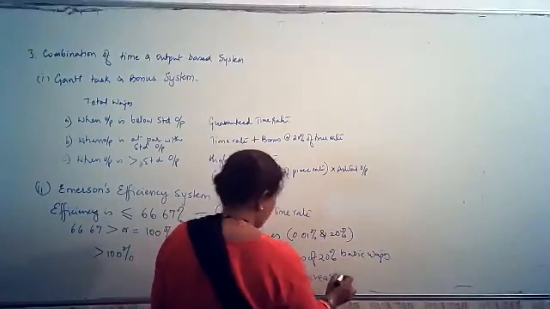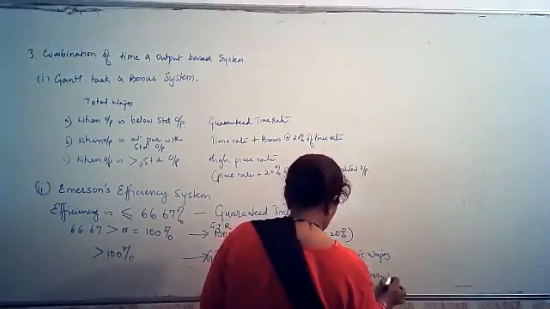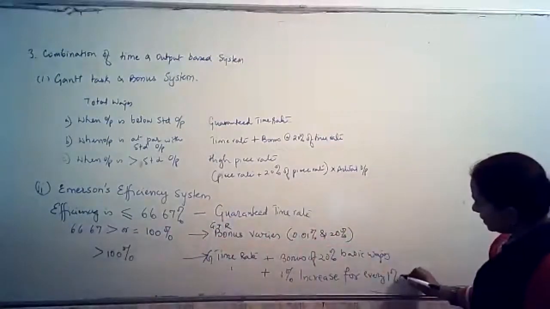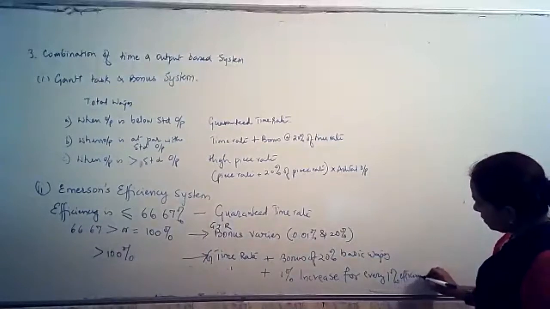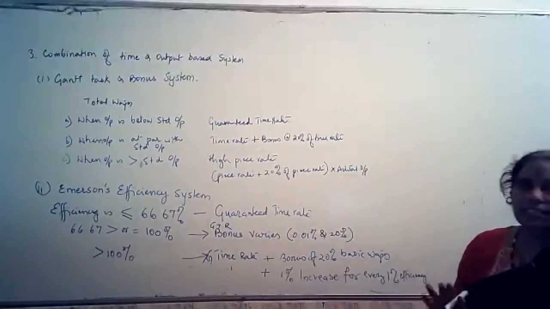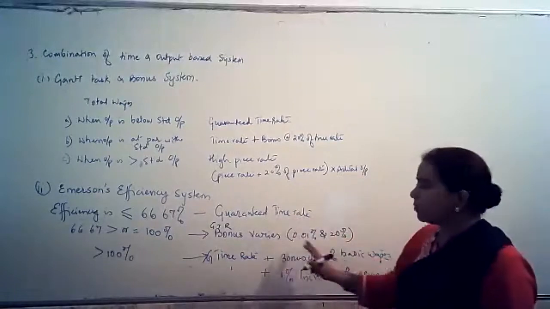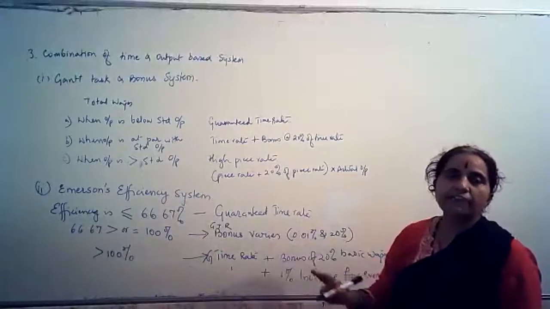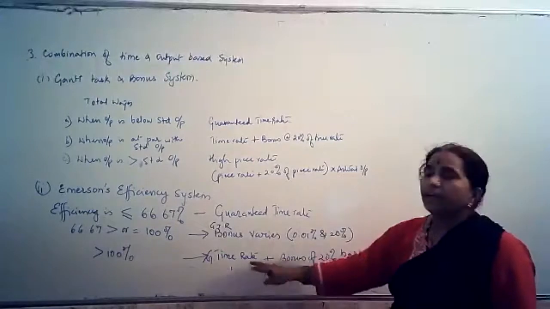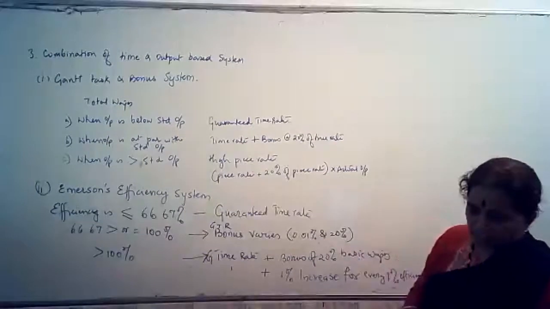for every 1% efficiency above 100%. Let's say the efficiency is 120%, then he will get the guaranteed time rate plus 20% of the bonus, 20% more than the normal guaranteed time rate extra, with respect to Emerson's efficiency system.